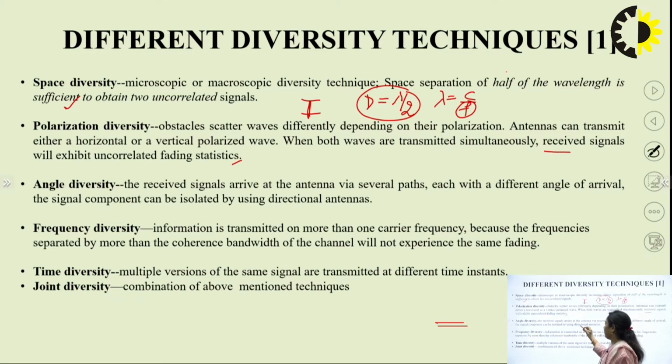Next one is the angle diversity. The received signals arrive at the antenna via several paths, each with a different angle of arrival. The signal components can be isolated with directional antennas. Depending on the angle which is being covered, let us say this is a directional antenna and this is the region which it is going to cover as a maximum lobe.